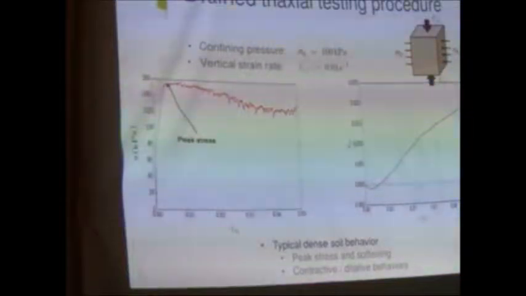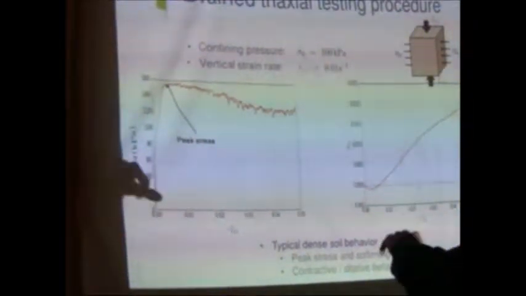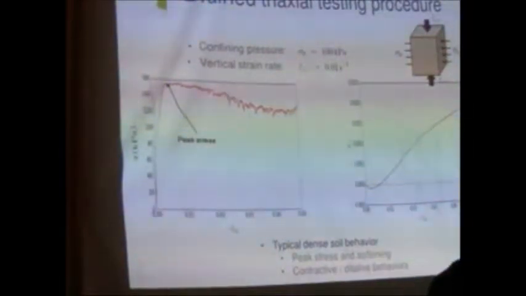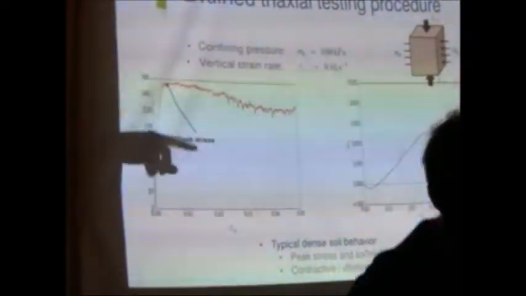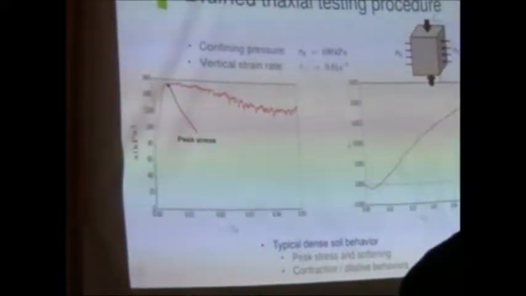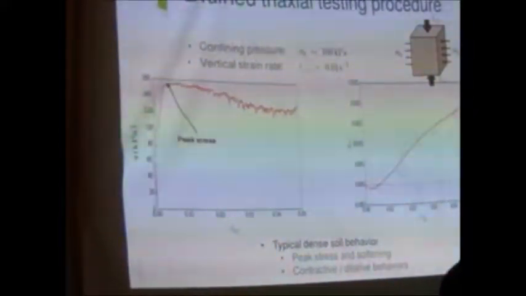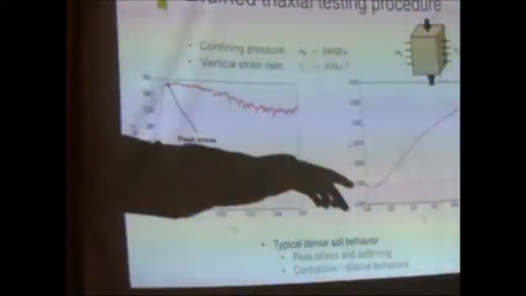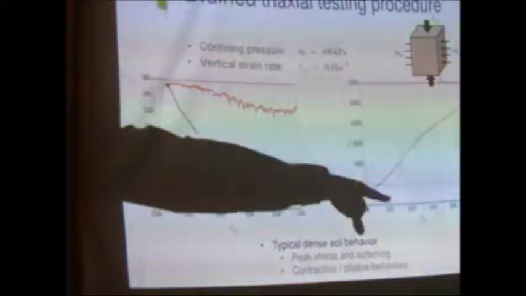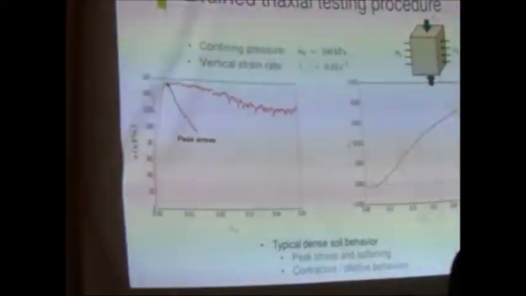You obtain the deviatoric stress with respect to the axial strain curve represented here, which is typical of dense soil with a peak stress and then a softening regime. And this is the volumetric curve, with first contractive and then dilative behavior.